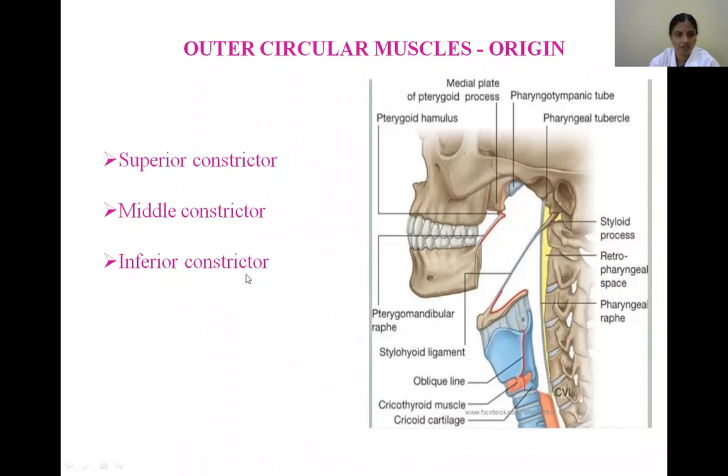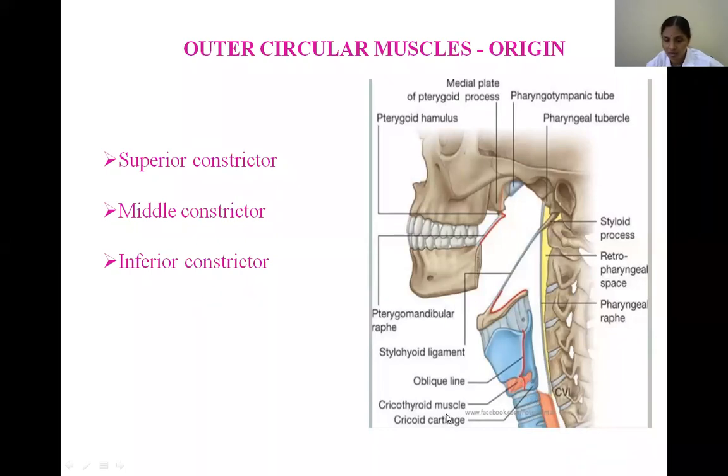Now, what is the origin of the inferior constrictor? The inferior constrictor has two parts, the thyropharyngeus and cricopharyngeus. Part of the muscle takes origin from the thyroid cartilage. This is an oblique line present on the external surface of the thyroid cartilage, which is known as the oblique line. So this oblique line gives origin to the thyropharyngeus part of the inferior constrictor.